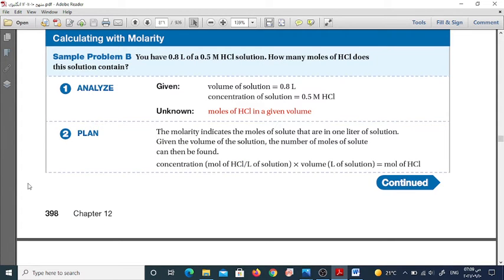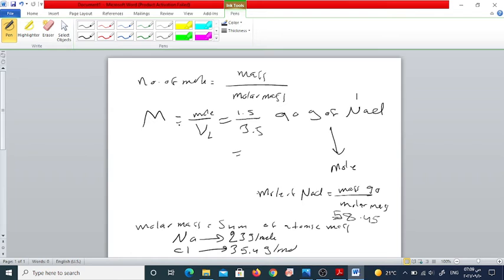Okay, problem B. You have 0.8 liters of 0.5 molar HCl solution. How many moles of HCl does this solution contain? Here you have the molarity and the volume. So it is very simple.